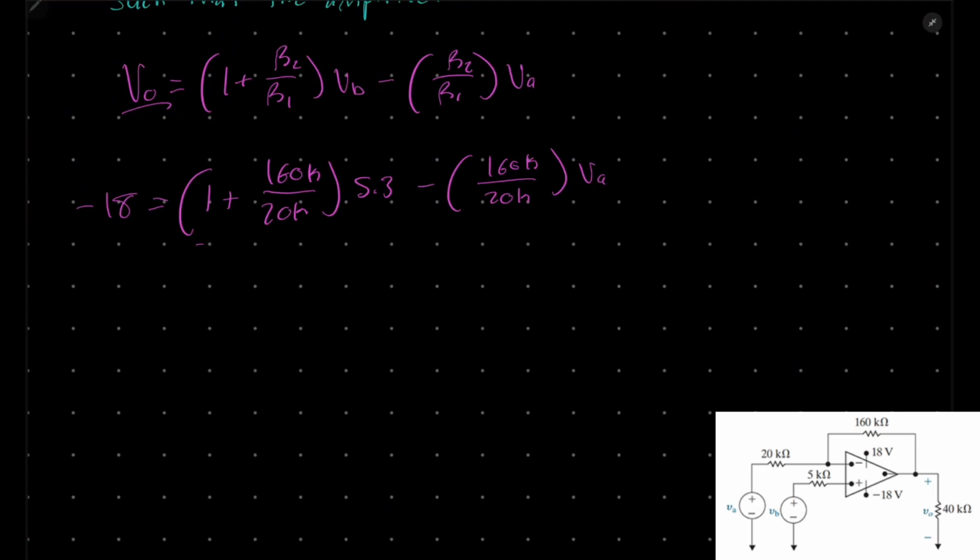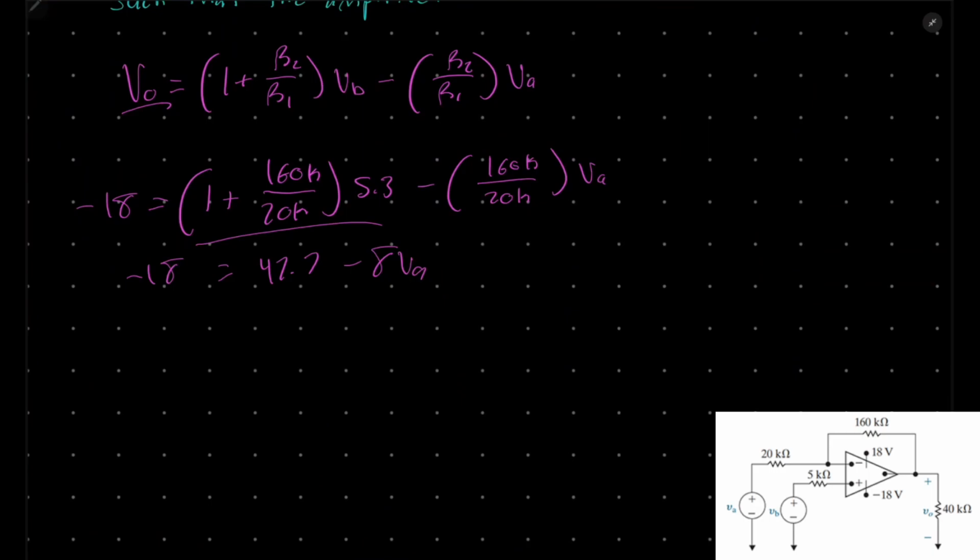So when solving this, we get 47.7. And when solving the other side, we get 160 divided by 20, which is 8. So negative 18 equals 47.7 minus 8 VA. Now we can subtract this 47.7 to the other side.